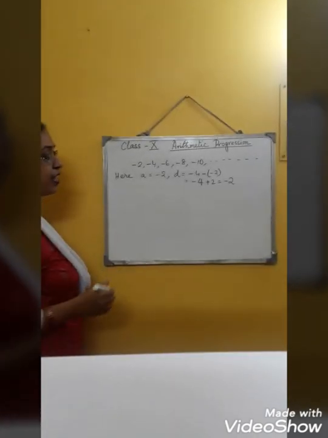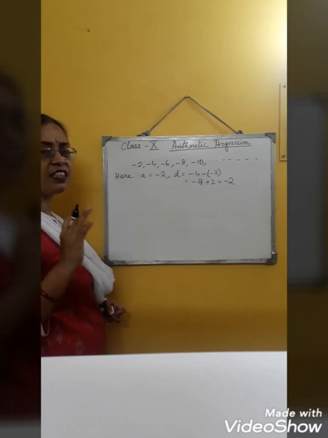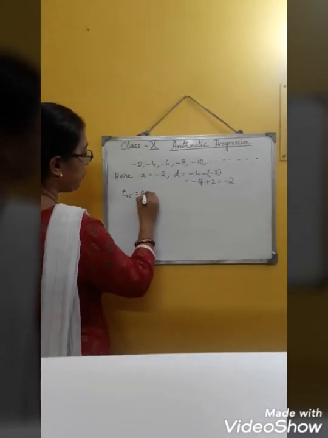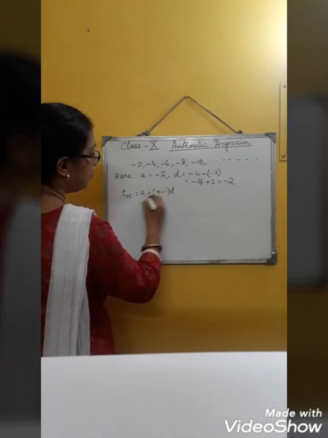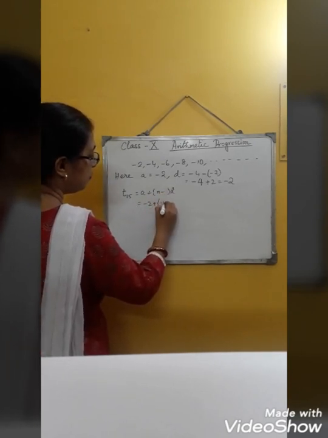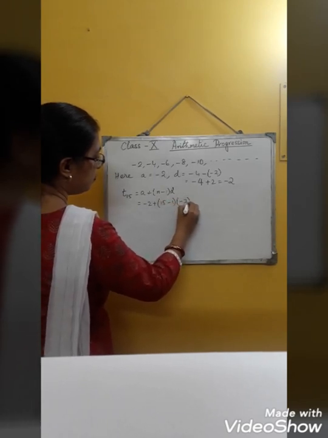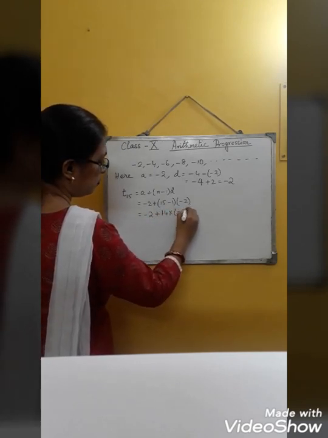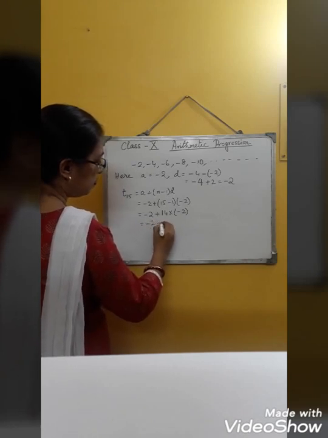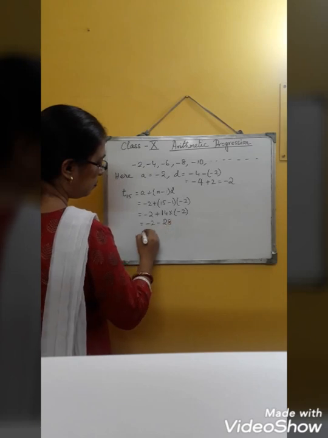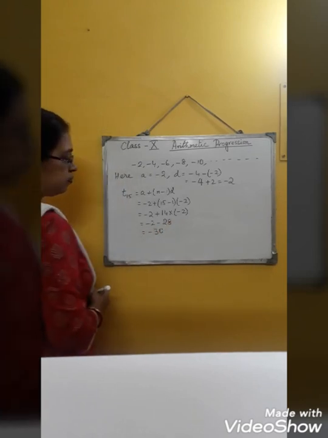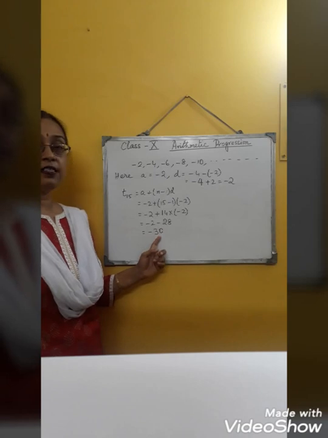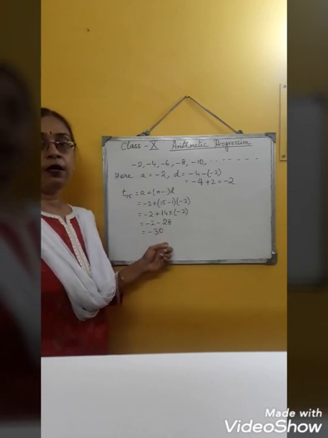Now if I tell you find the 15th term, so T15, so you can understand, T15, that is the 15th term, is coming to be minus 30.